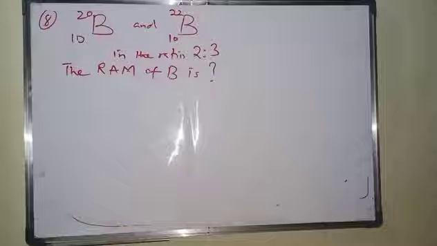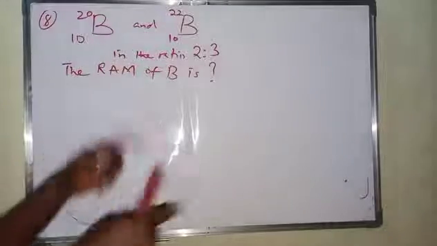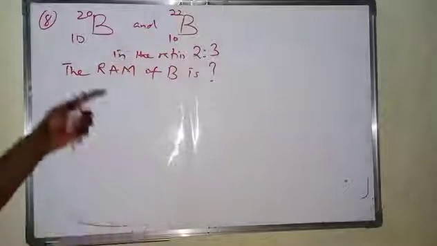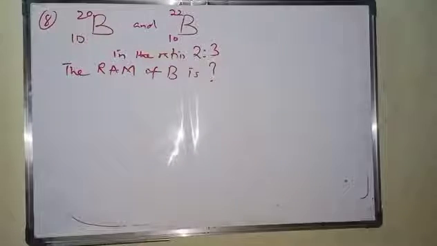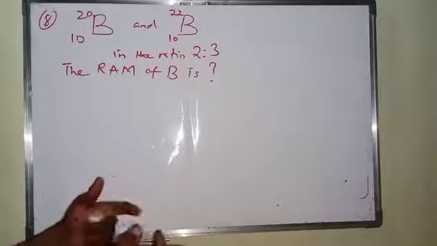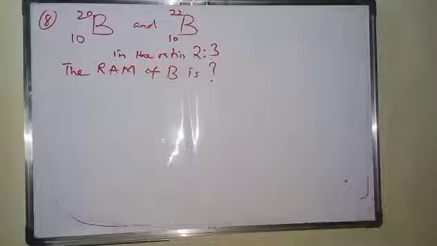So instead, we use what we call relative atomic mass. It is a value, like the average atomic mass, that takes into consideration the abundance of all the isotopes put together, so the proportion, the percentage composition of each of the isotopes listed.